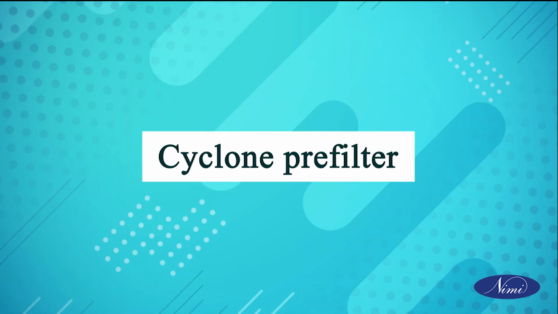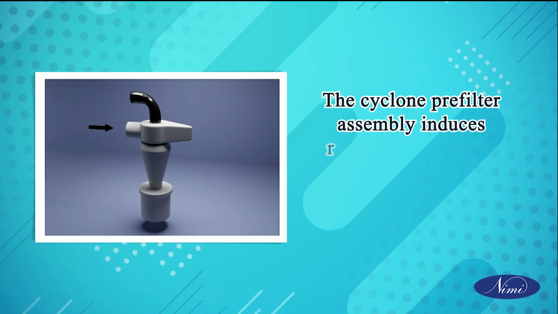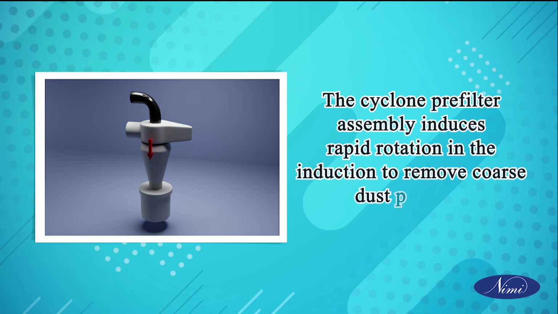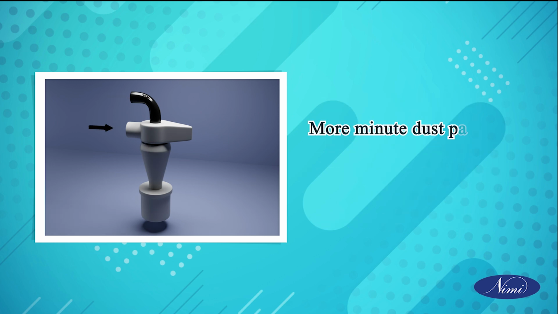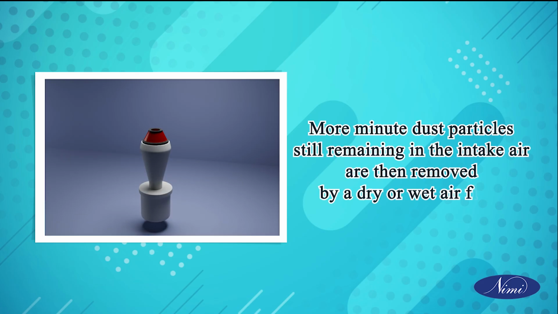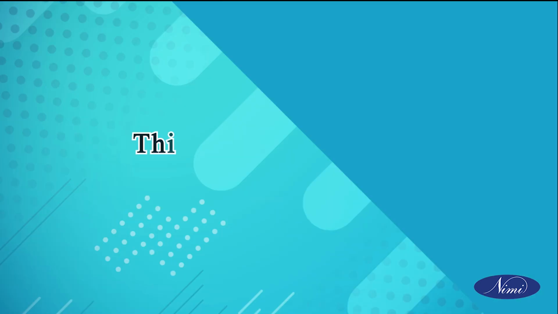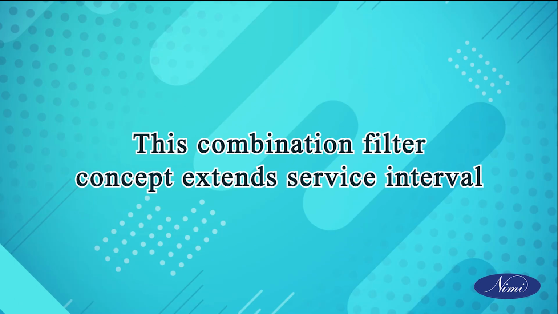Cyclone pre-filter: the cyclone pre-filter assembly induces rapid rotation in the induction air to remove coarse dust particles with centrifugal force. More minute dust particles still remaining in the intake air are then removed by a dry or wet air filter. This combination filter concept extends the service interval.